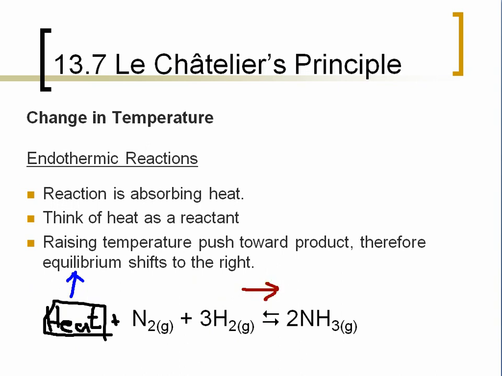Because it's shifting to the right, my NH3 will increase, my H2 will decrease, and my N2 will decrease. So it's important to remember: for exothermic reactions, we write the word heat on the right side. For endothermic, we write the word heat on the left side, and we treat them like concentrations. And K does change when you start messing around with temperature.